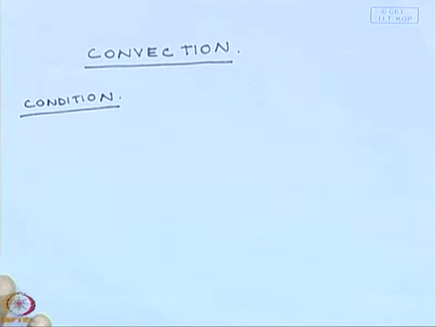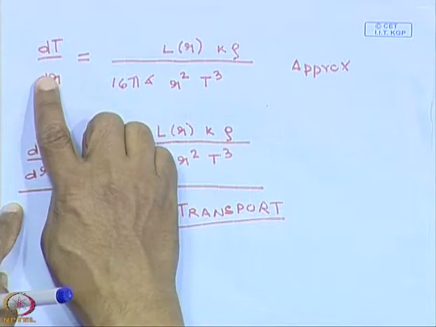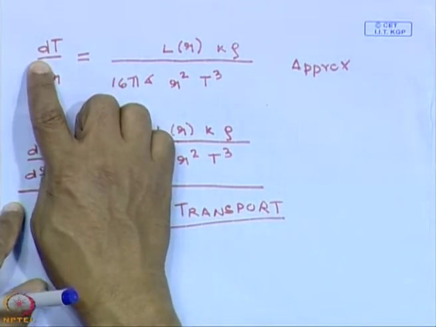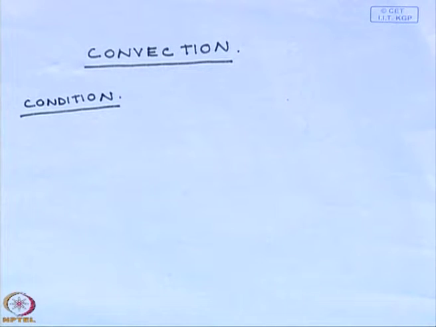Energy is being transported outwards through radiation, and we have seen that this will produce a temperature gradient, and once you know the temperature gradient, you can calculate the temperature profile.